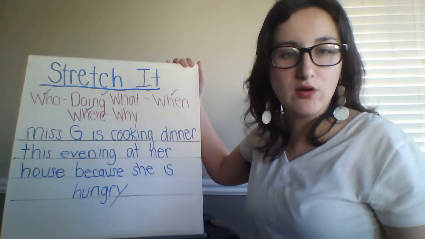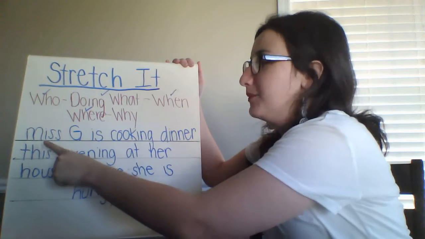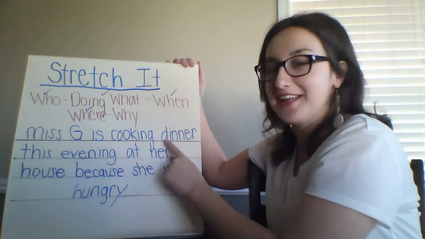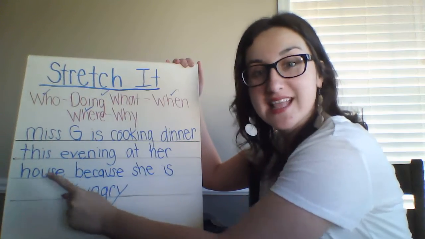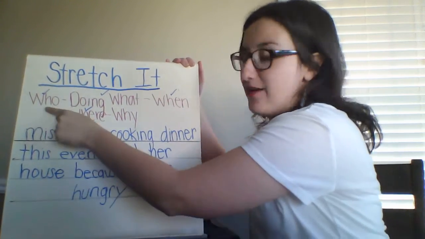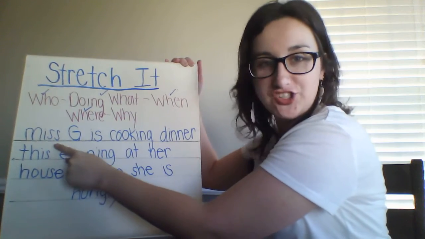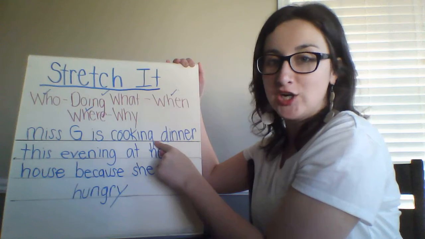If we take a look at the sentence that I have so far, it says, Miss G is cooking dinner this evening at her house because she is hungry. I have a who, that's Miss G. I have a doing what, cooking dinner.